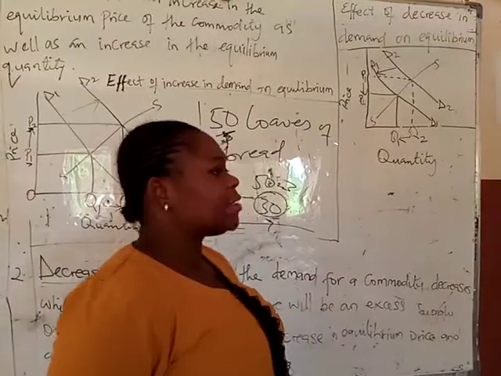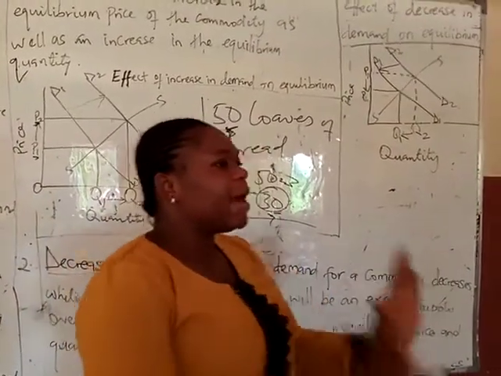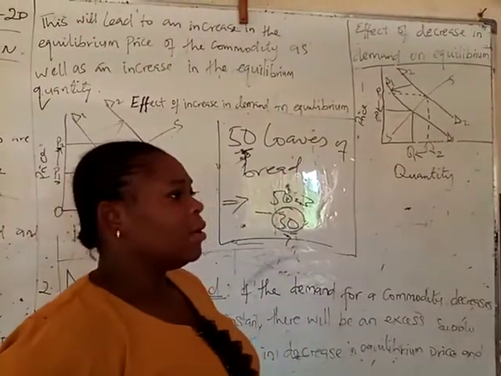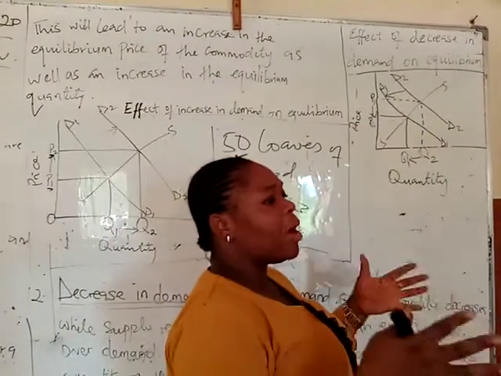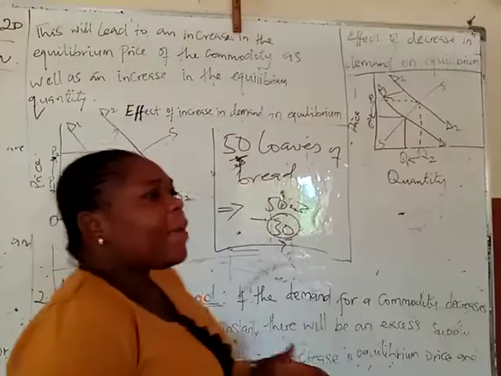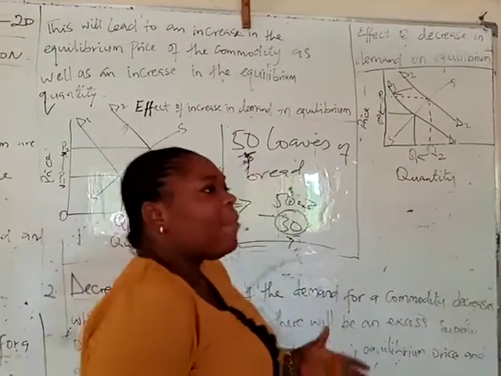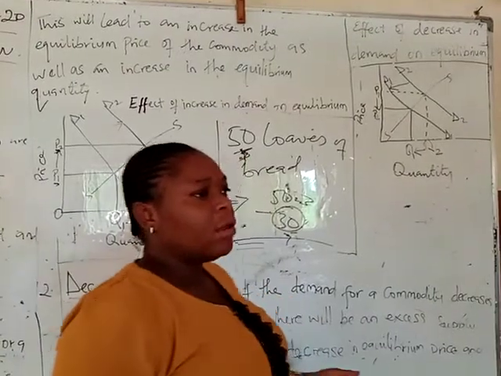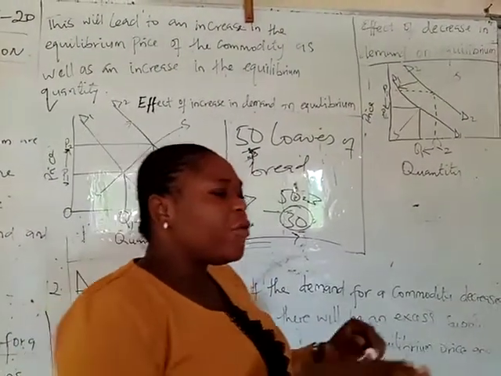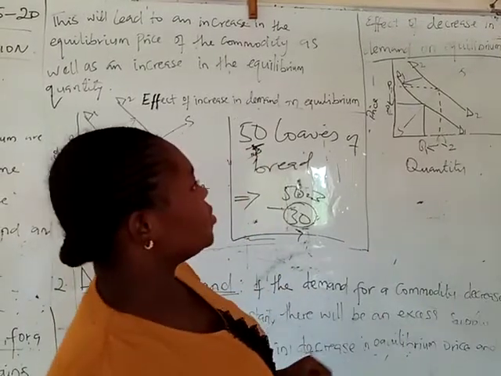Excess supply is when the number of persons demanding a particular commodity is lesser than the number of commodities supplied to the market. In this case, whereby you don't sell and you have more than the number of persons demanding the commodity, you have to reduce the price of the commodity.